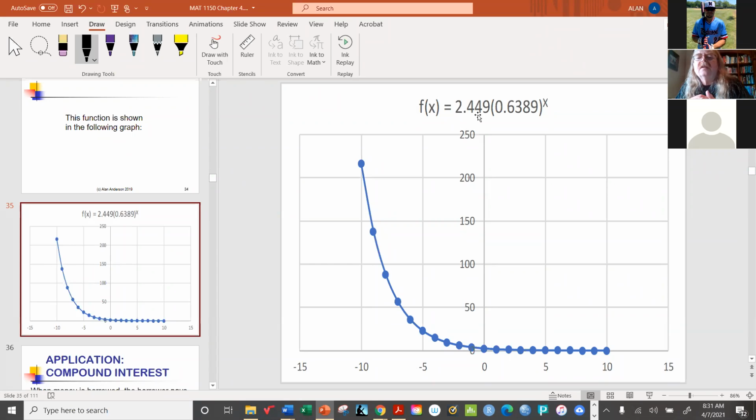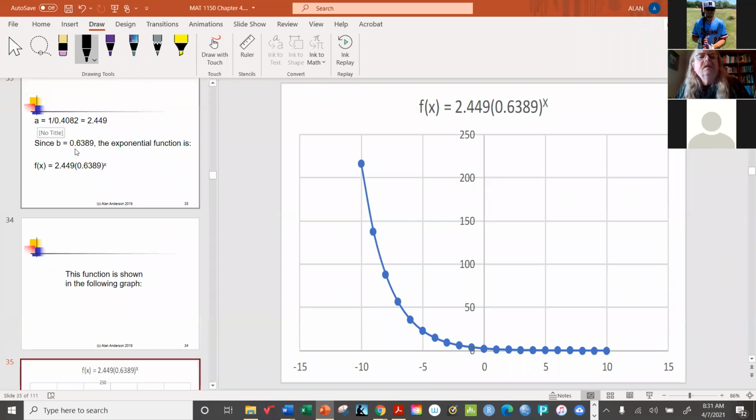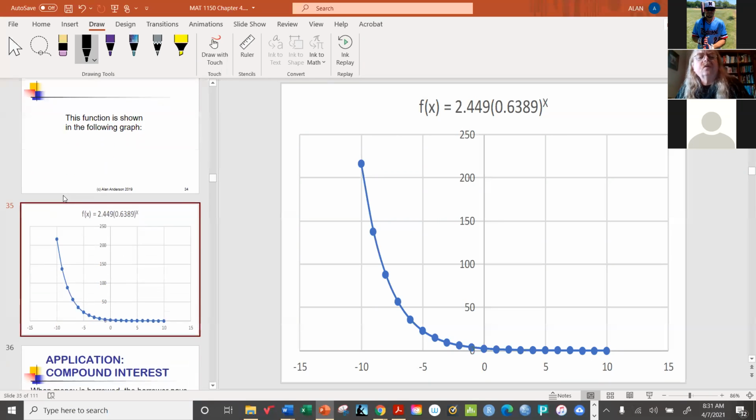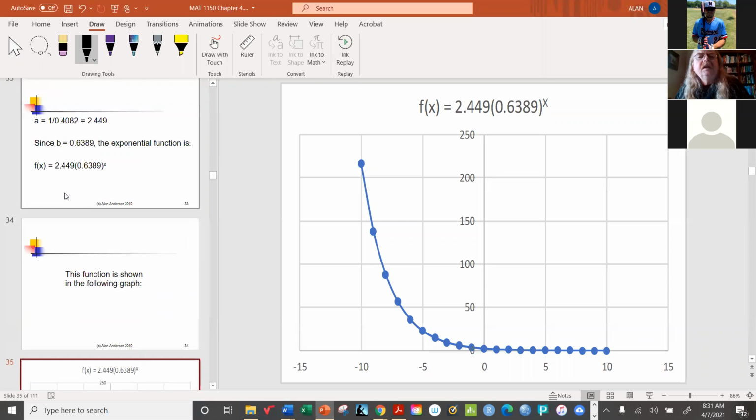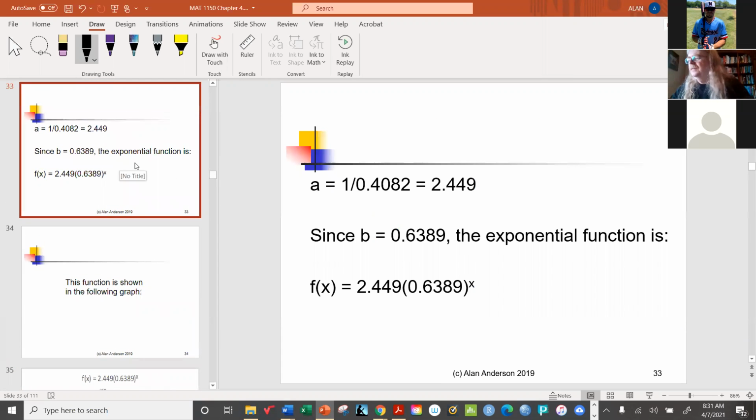So in this case, the reason why it's falling rather than rising is because b is less than 1. So this is a case where the growth rate is actually negative. Remember the actual growth rate is equal to b minus 1.